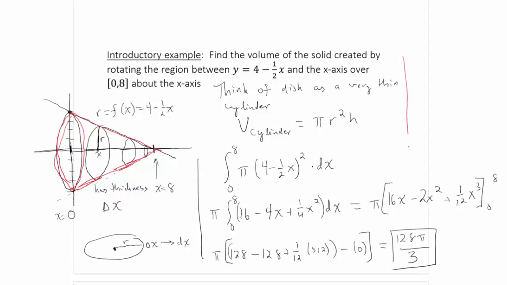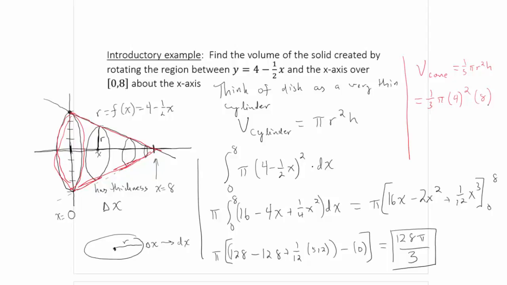And I know from geometry that the volume of a cone is 1/3 pi r squared h. So 1/3 pi, the main radius here would be 4 units, and the height is 8 units.